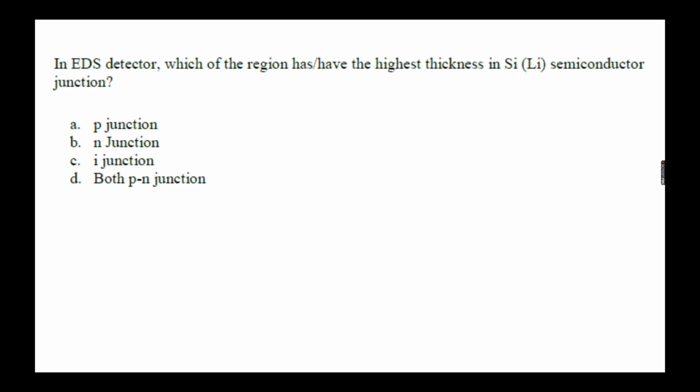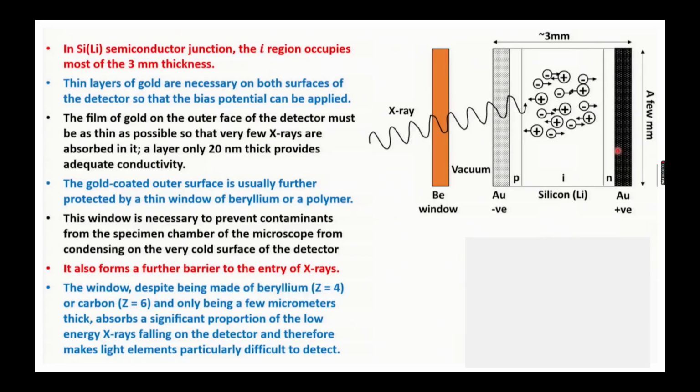Does anybody else have a different answer, or will you go with C? Fine. So this is again the same. You can see there is a P, this is a gold negative, and there is a positive, and this is your P and N, and this is your I. So PIN.